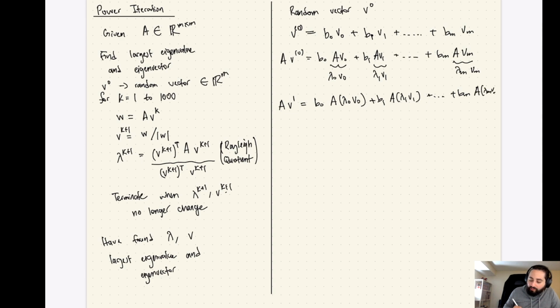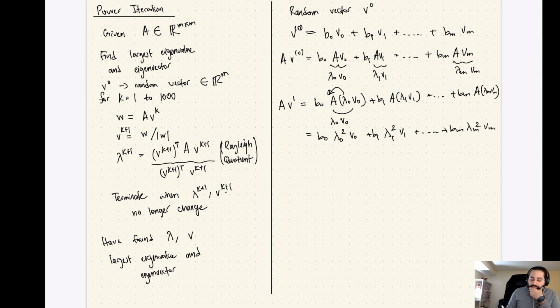You may be seeing what's happening. I'm going to pull out this lambda 0 here, and I'm going to use the fact that A V0 is equal to lambda 0 V0. So now this is equal to B0 lambda 0 squared times V0 plus B1 lambda 1 squared V1. And it happens again down here, lambda M squared Vm.